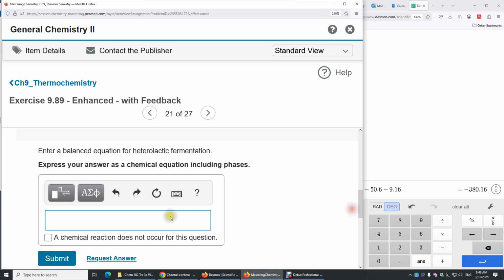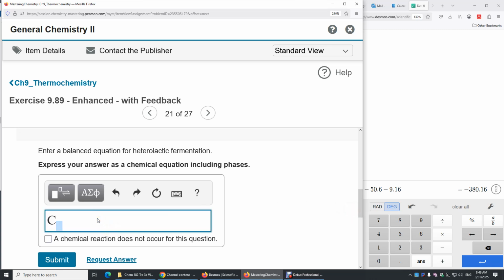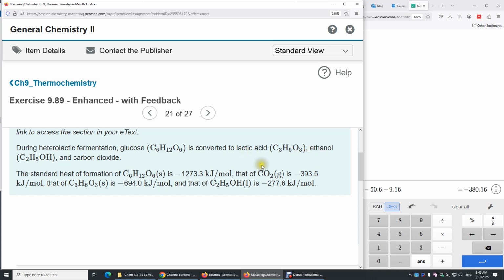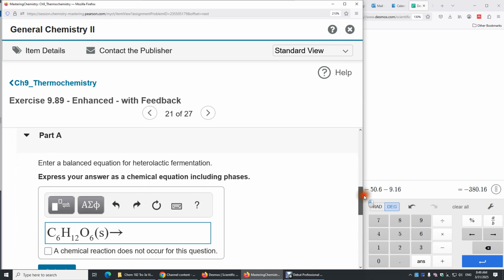First, glucose on the left, in the solid phase, arrow here from the reactants to the products. We have lactic acid over here. This is in the solid phase.